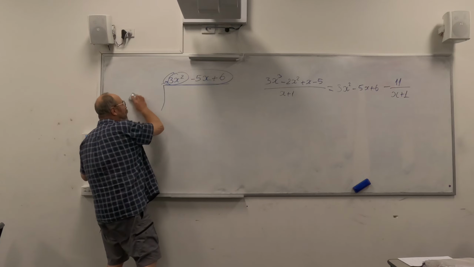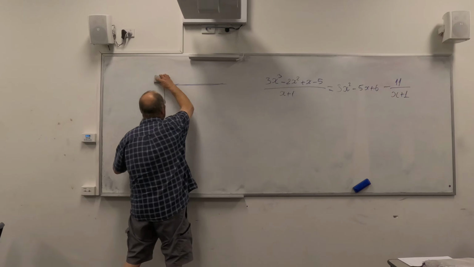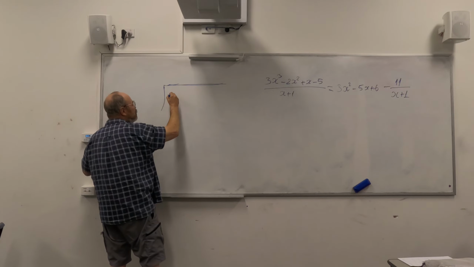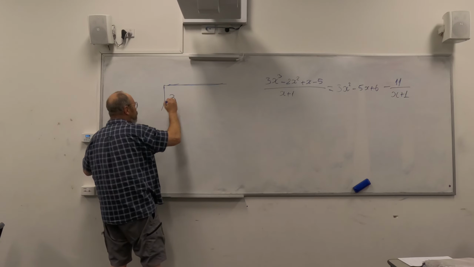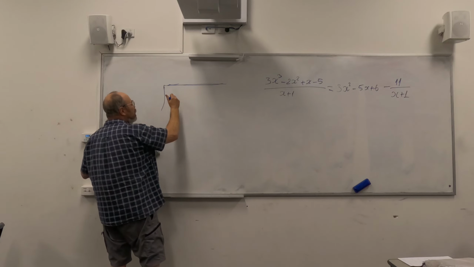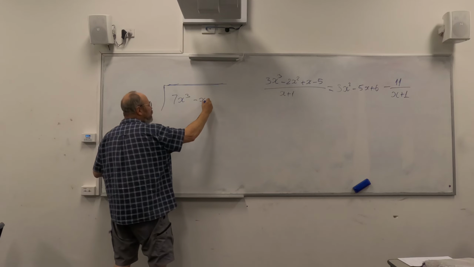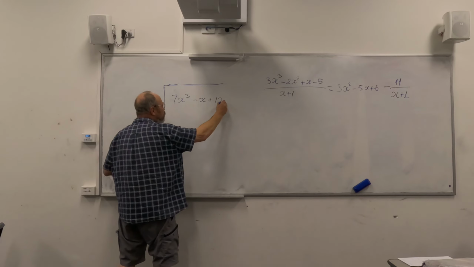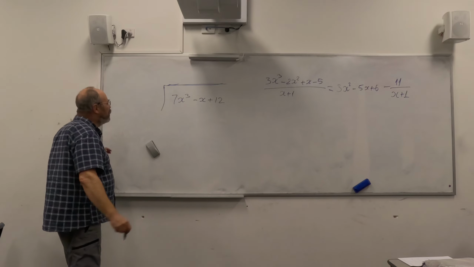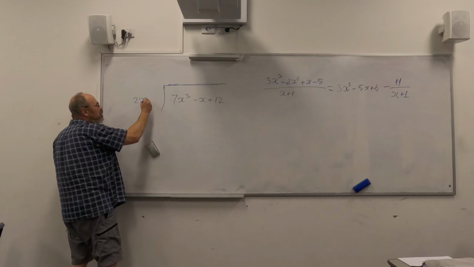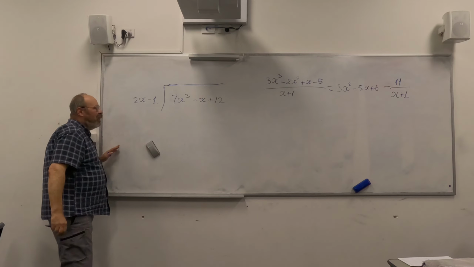So let's divide now the next polynomial: 7x cubed minus x plus 12 over 2x minus 1.